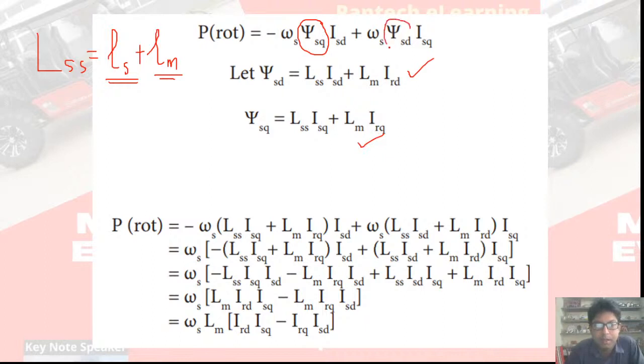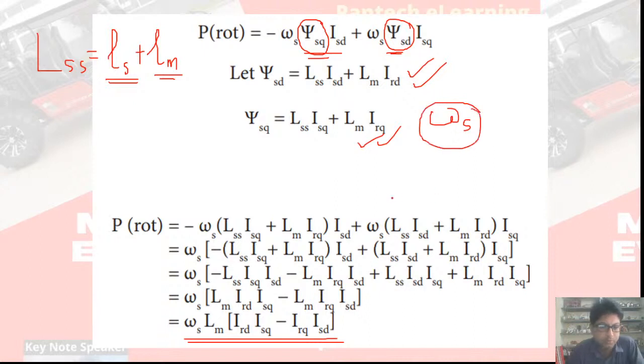Now in psi SQ and psi SD, if I replace by this and this, and I will simplify, then the equation is converted like this. Omega S, you know, this is the synchronous speed. Already you know.